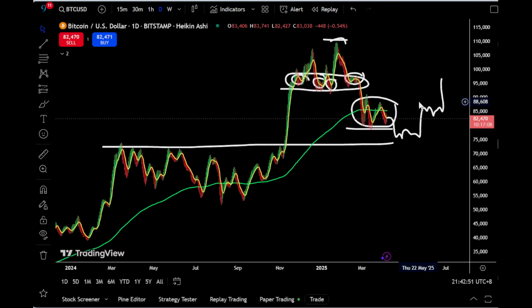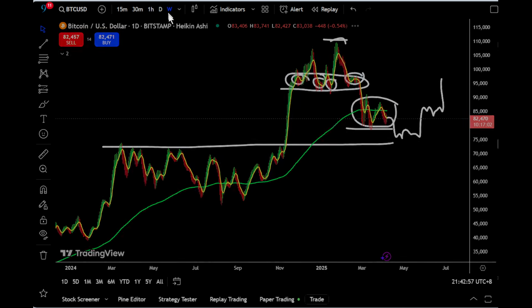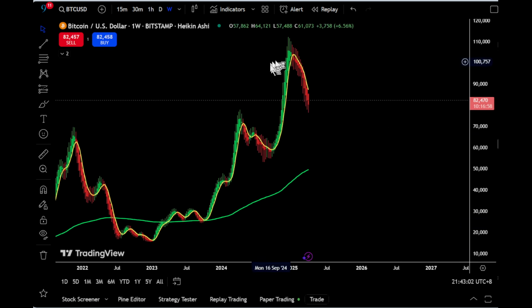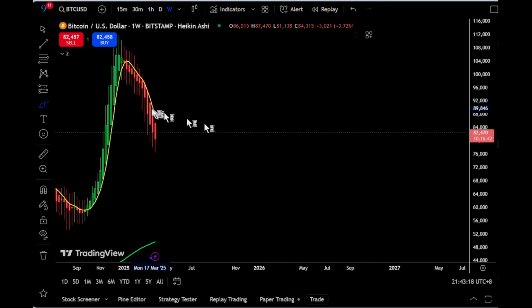But then it will take some time for it to play out. So if you're trying to buy Bitcoin, I suggest you wait for the momentum to truly slow down first. Maybe somewhere around the 70,000 to 75,000 level. What we're looking at is the momentum.